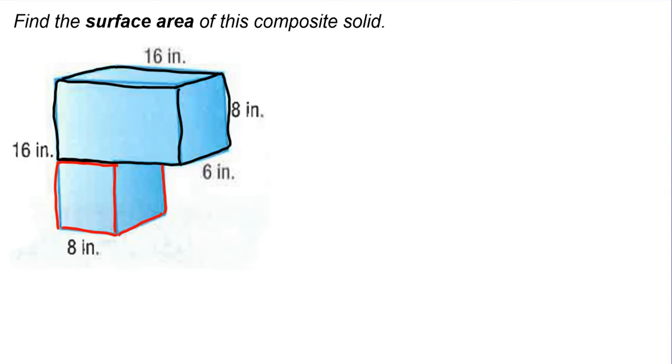Now my job is to list all of the polygons that make up the faces on this solid and then find their areas. So I'm just going to start with this front face right here. The front is actually composed of this rectangle right here and then this rectangle here. So if I find the areas of those, I can find the area of the front of this composite solid.